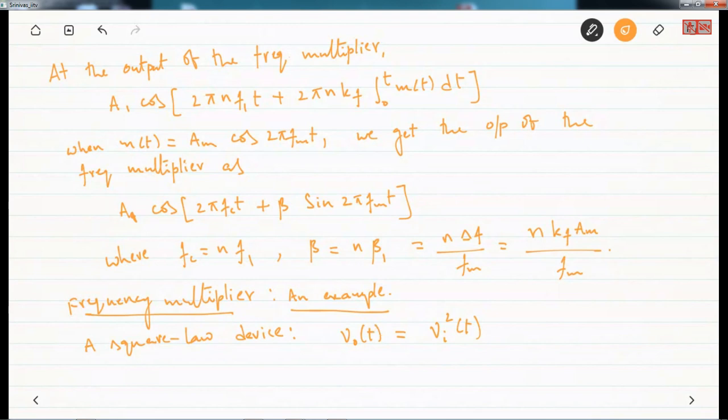So let's assume we have a square law device, and it achieves frequency multiplication by 2. Right? So let's assume the input to the square law device is a narrowband FM signal.